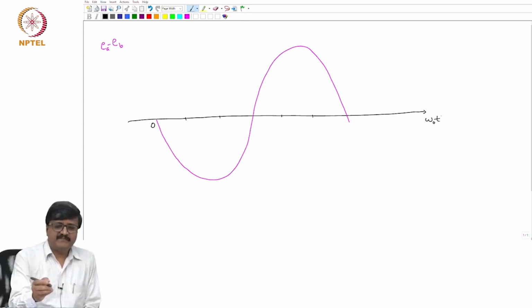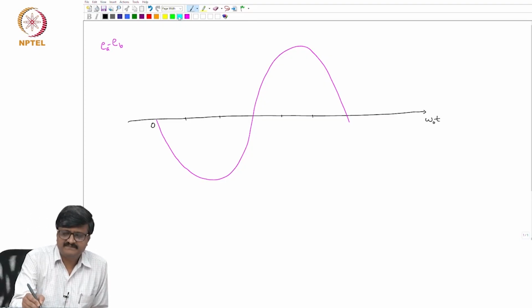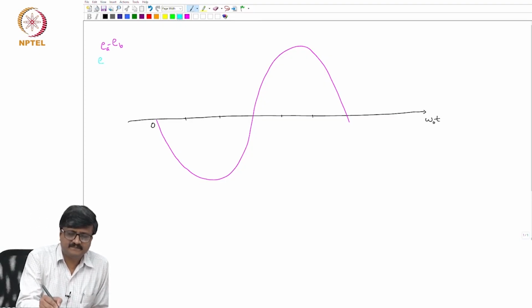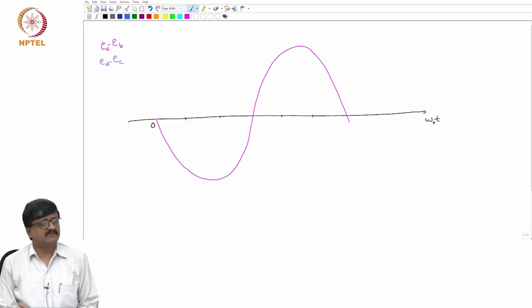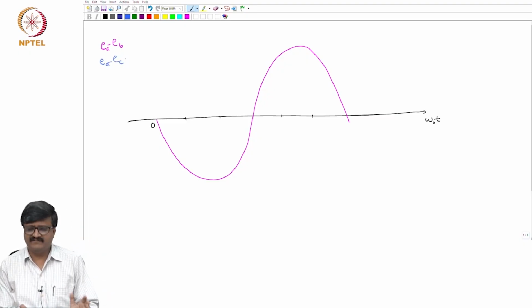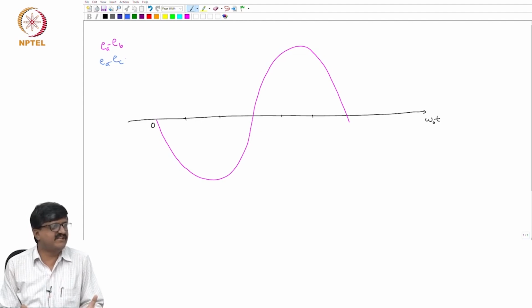If you look at EA minus EC, if I draw it, EA minus EC lags EA minus EB by, I can get an expression.